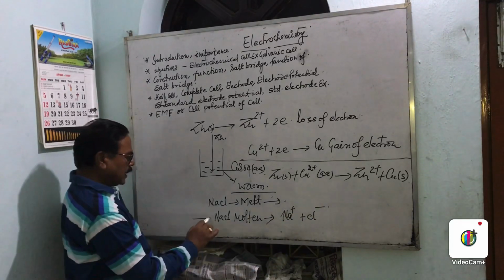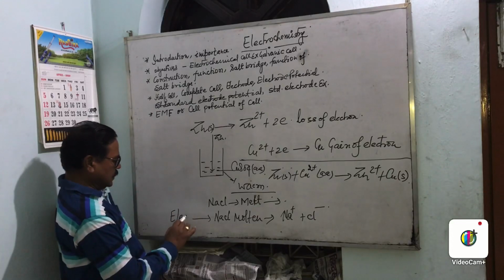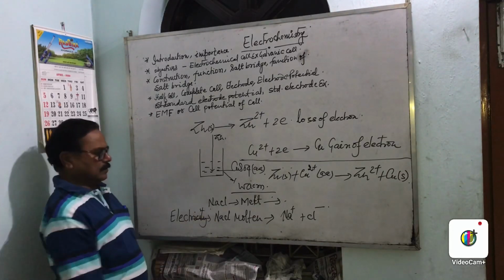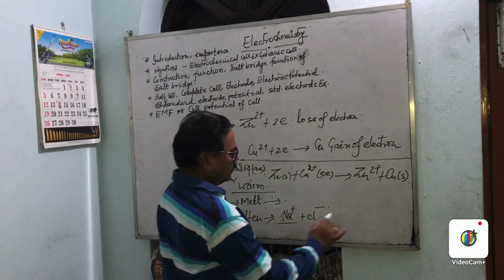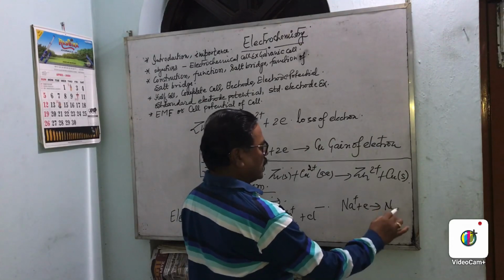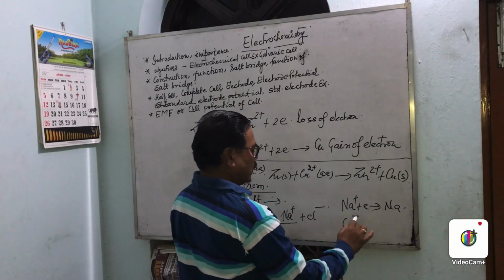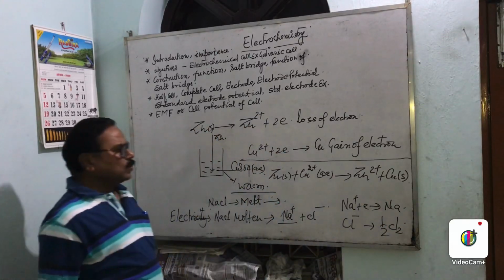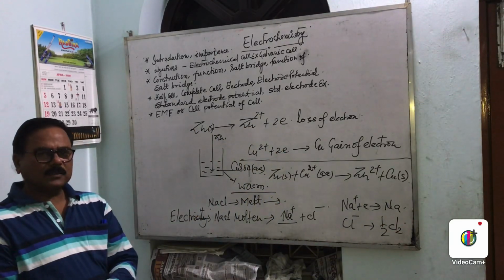When electricity is passed, what will happen? The sodium ion will get deposited as Na, and the Cl minus ion gets oxidized to Cl2. So we have two types of reactions here.